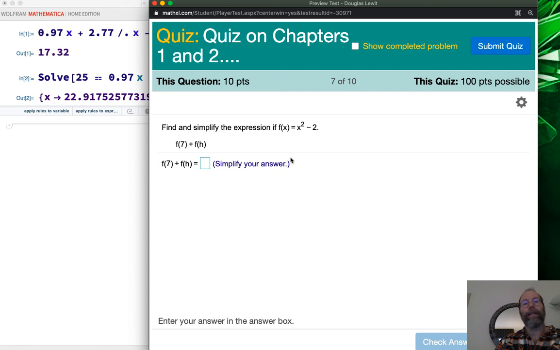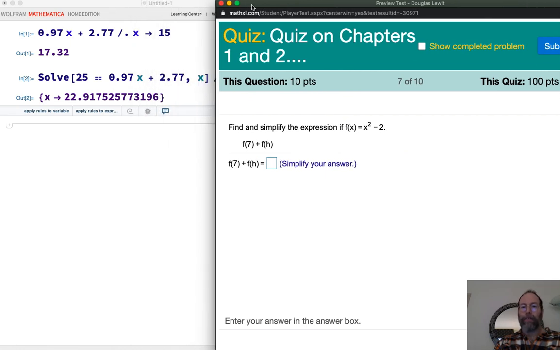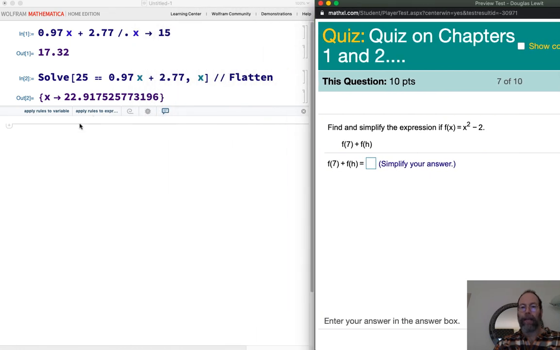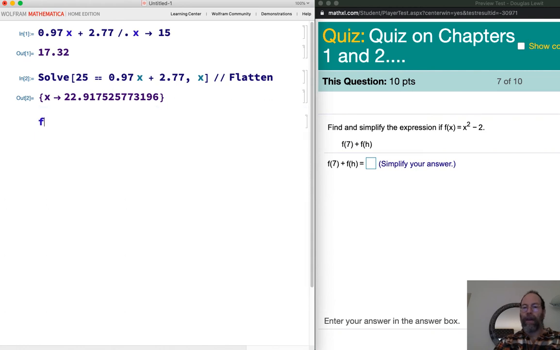Find and simplify the expression if f of x is equal to x squared minus 2. What is f of 7 plus f of h? This time, guys, I'm going to be lazy and use Mathematica to help. So f of x is equal to x squared minus 2. What is f of 7 plus f of h?